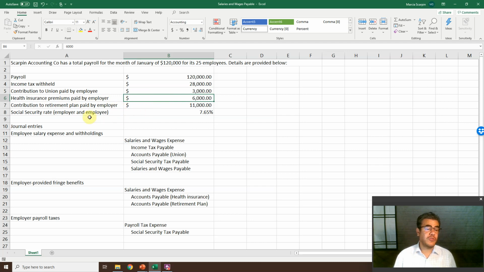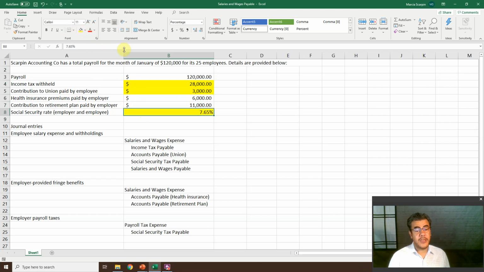And social security rate, employer and employee 7.65 each. So what do we have here? What is paid by employee? By employee is income tax, contribution to union, and social security. This is paid by the employee.